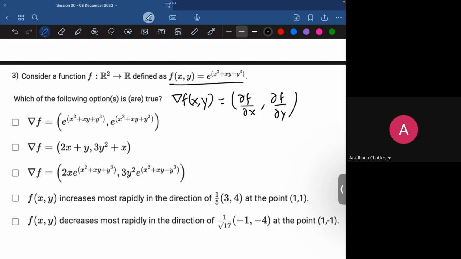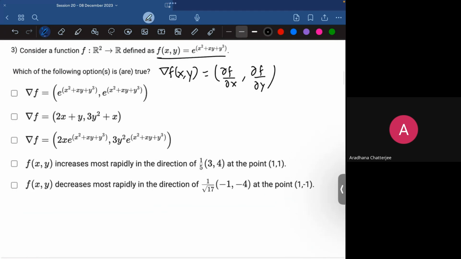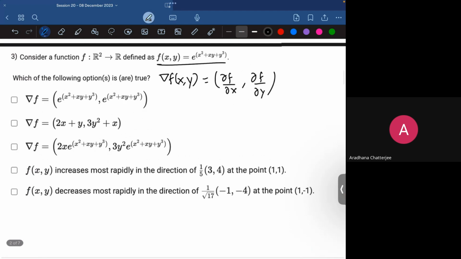That's it. And for any number of variables it's just going to be the partial derivative of f with respect to that variable. Okay. So here, for this particular function, let's see.